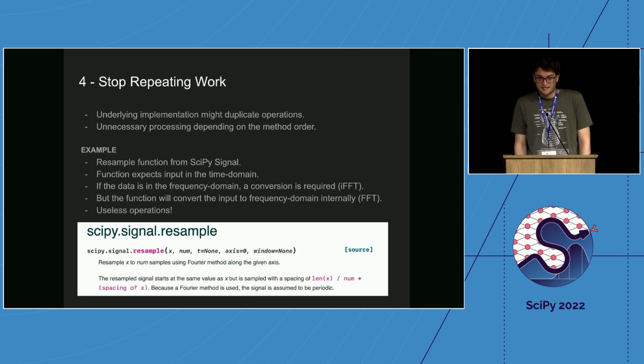But the problem is that when the function receives this data in time domain, it will use an FFT to convert that back to frequency domain. So all your operations here, the IFFT and the FFT, are redundant and useless, because resample does its thing in the Fourier domain, so you don't need to ping back and forth from time domain to frequency domain.